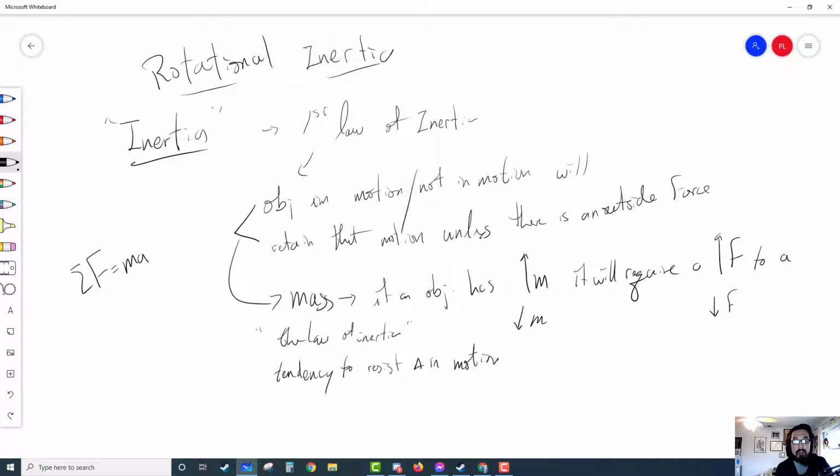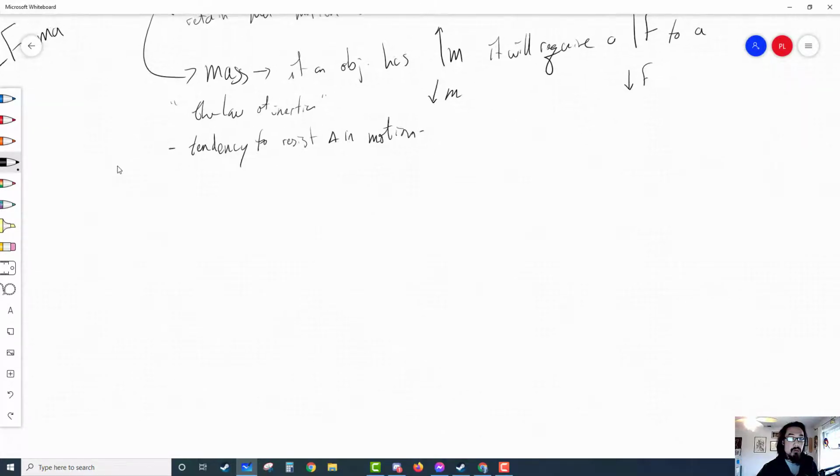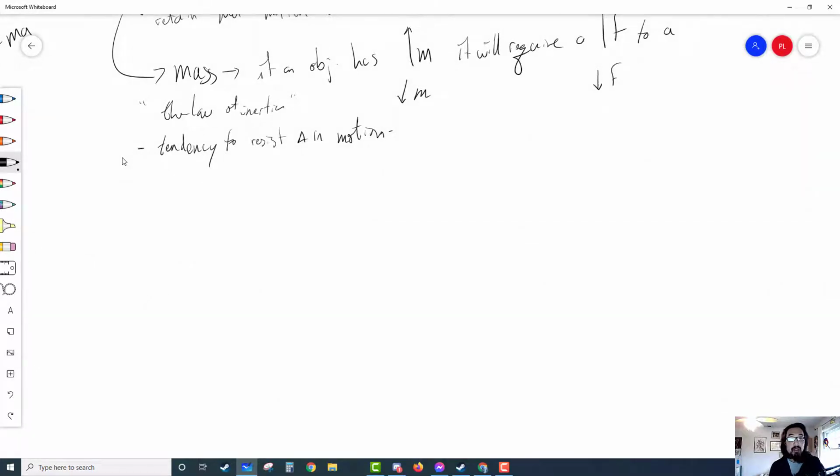This is a really fancy way of saying that an object in motion will stay in motion and an object at rest will stay at rest. But inertia is that tendency: how likely is it to stay in motion, or stay at rest? The answer really comes down to the object's mass. If it has a lot of mass, it's most likely going to resist that motion. If it has a little mass, it's not going to resist that motion. So keep that in mind.